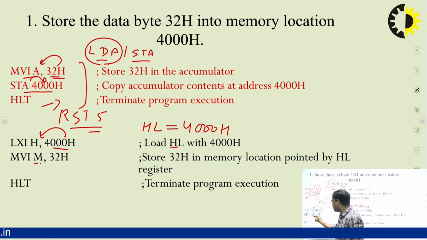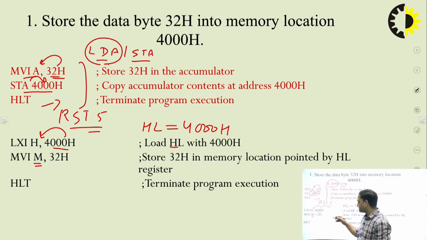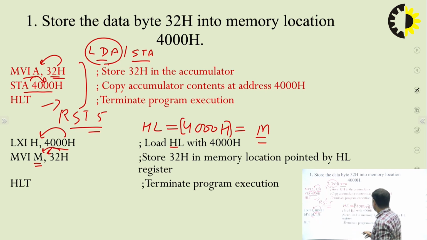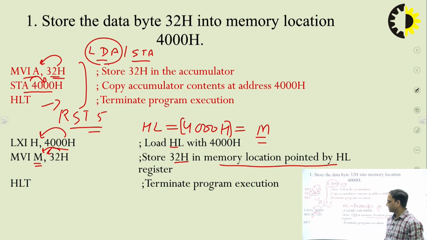This M represents the memory location, which in this case is 4000. So it means this 32, the operand, will move into the memory location pointed to by the HL register pair, where the 32 will be stored.